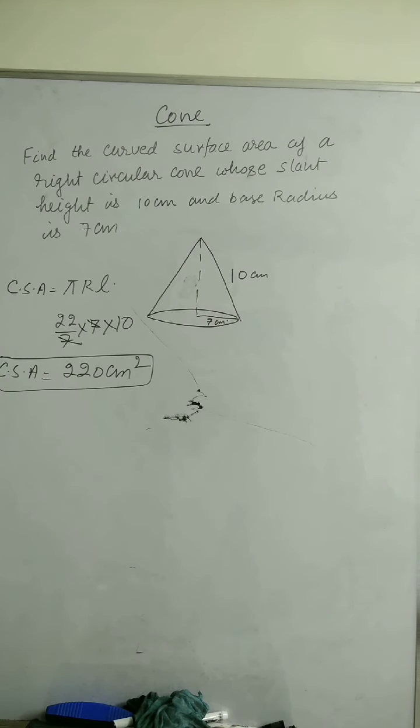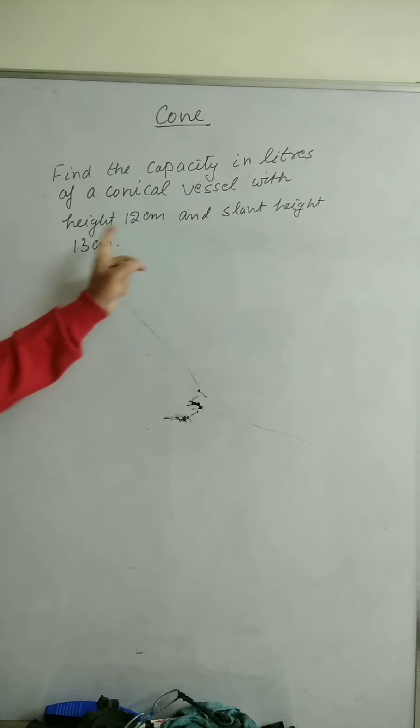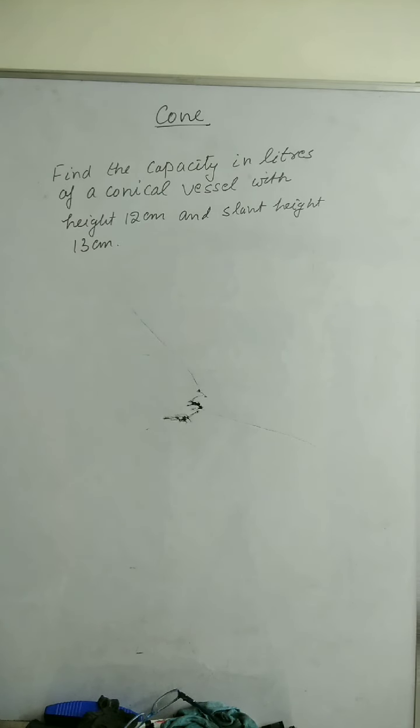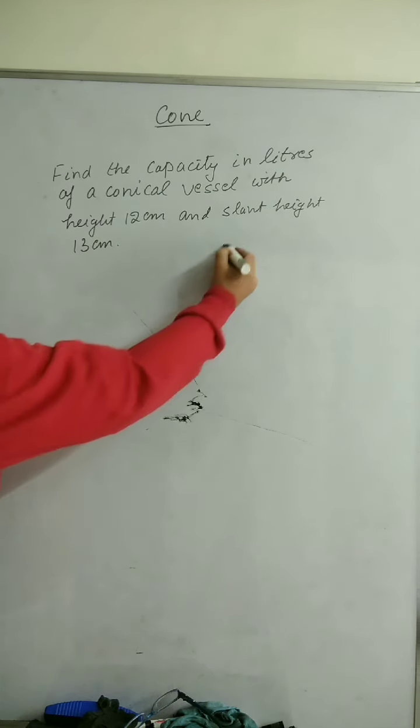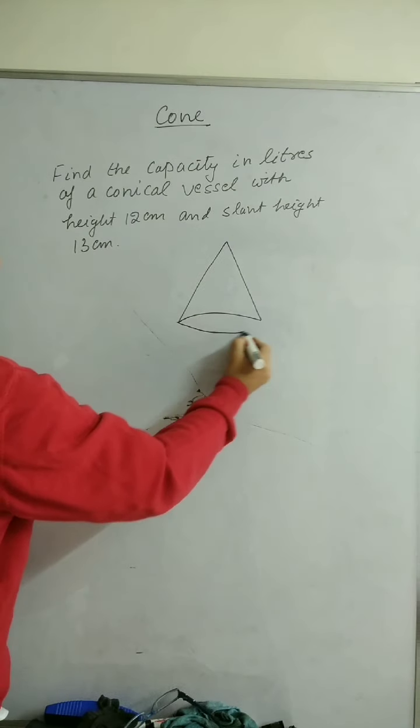Got it? So let's take another question. Find the capacity in liters of a conical vessel with height 12 centimeters and slant height 13 centimeters. So you have a conical vessel.